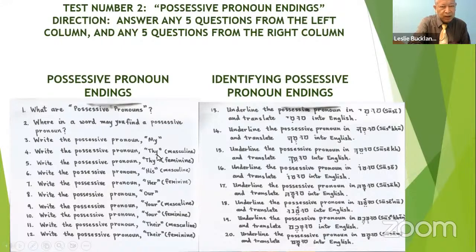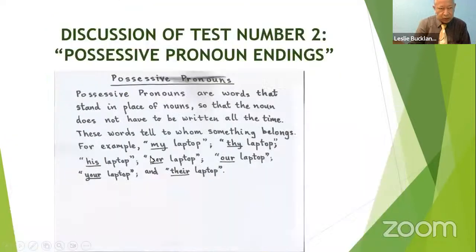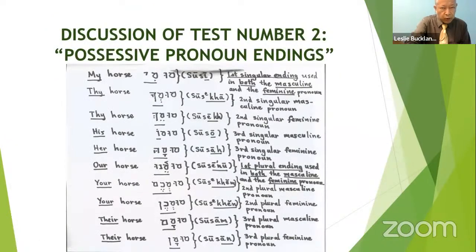We're using thy in reference to this noun belonging to a certain male or masculine person. So thy, let's see what the answer is. Okay, so here is thy horse, susika, the eka ending, and this is a second person singular masculine pronoun. It means thy horse, and you're talking to someone who is masculine in gender.